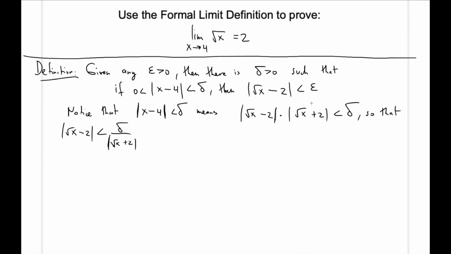So we can leap over this hurdle by understanding that this is less than or equal to the delta divided by 2, because the only way that this can be equal to the expression on the left side here is when the square root of x is 0.